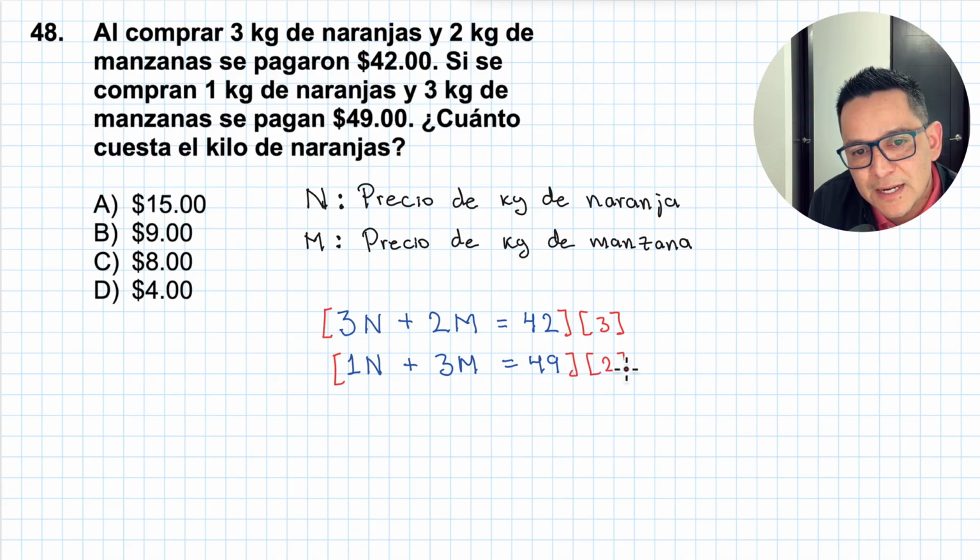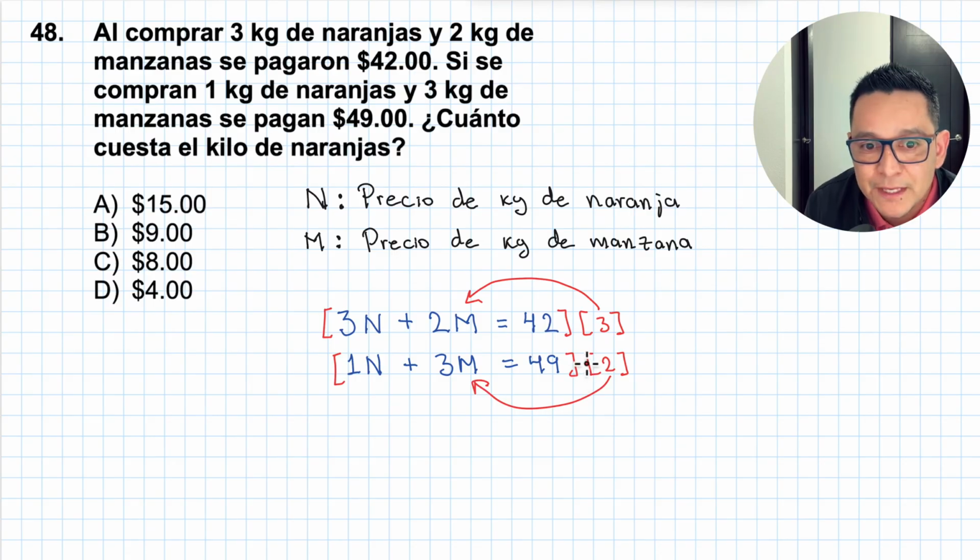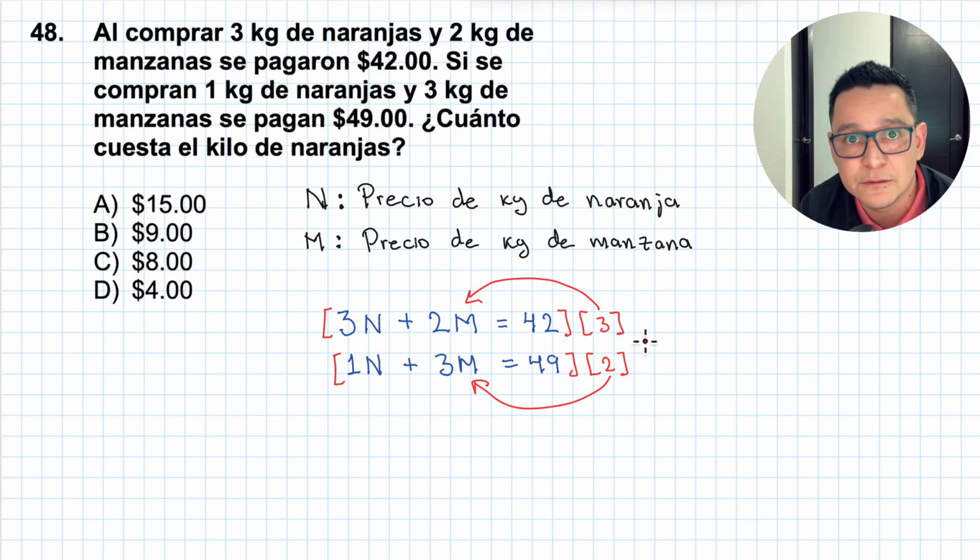The reason is that I'll get 6M in both equations, and then I can subtract the M's. If I subtract them, I'll end up with 0M. Therefore, now I can solve for N.